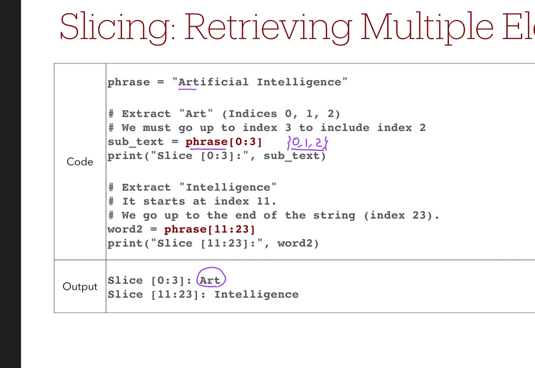And if I consider phrase of 11:23, then, if I didn't make a mistake, the index value for this uppercase I will be 11, and the index value corresponding to this last E will be 22. So if I use the expression 11:23, then I'm implying 11, 12, up to 22, not including 23.